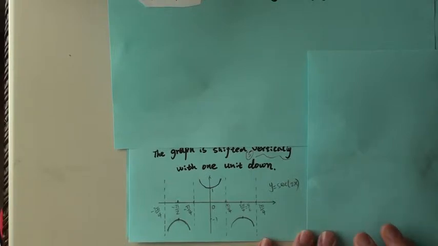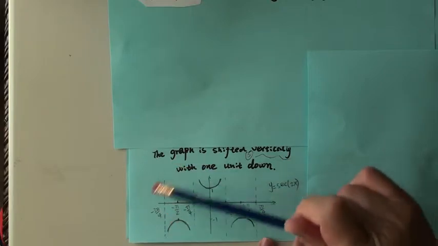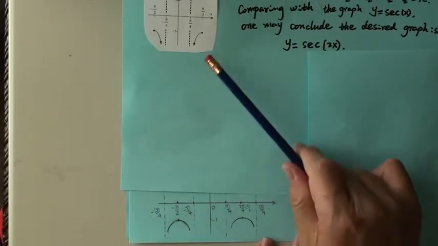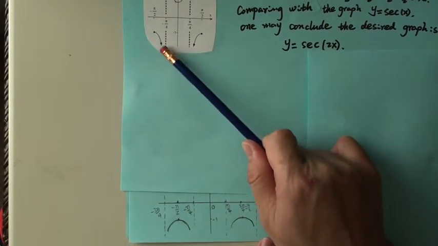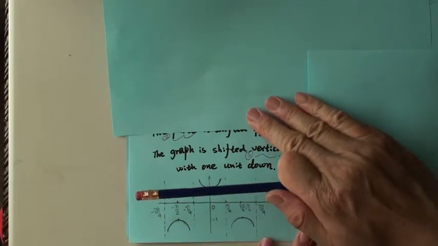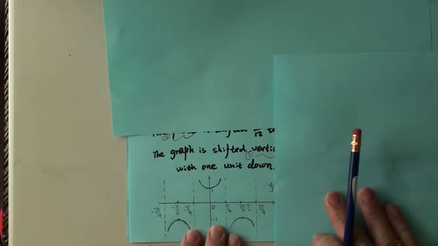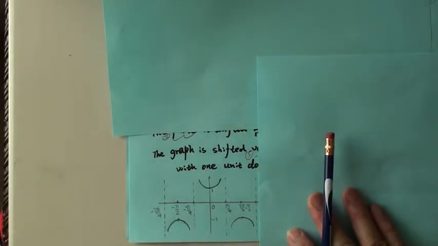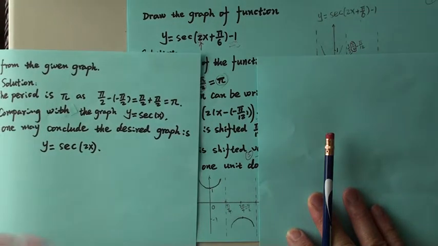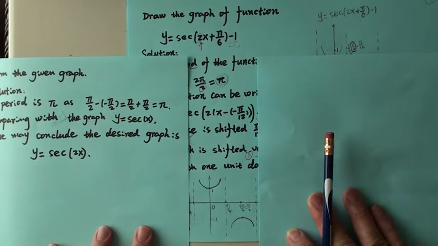And the thing is that we have this branch, and there is only half a branch. So it depends how you are going to look at this picture. If you look at the picture in this way, that looks okay.